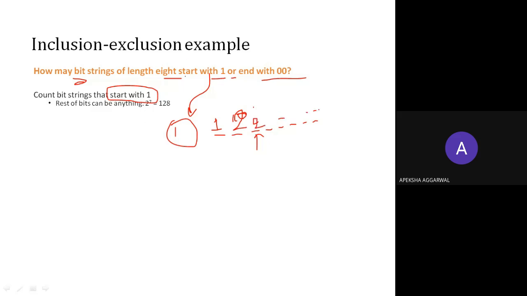Now, how many bit strings that only end with 0 0? So this 0 0 is fixed. So 2 to the power 6, right?